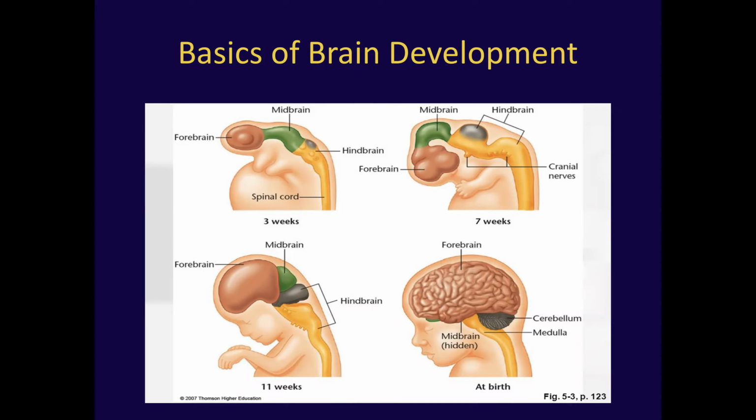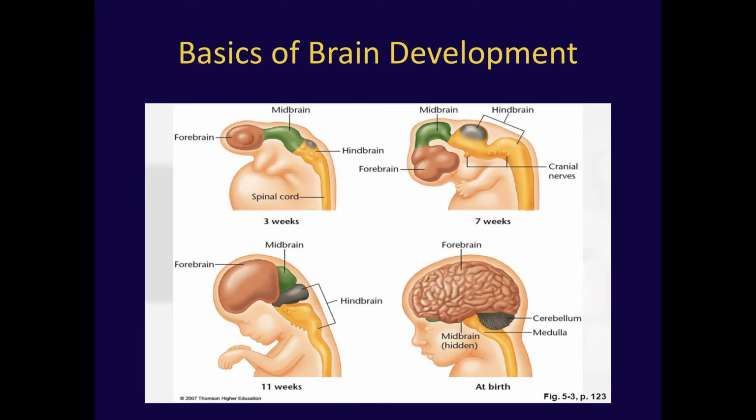This development really starts around 16 days. That's where the foundation of the brain and the spinal cord starts. So that foundation is set in place, and then there's a cascade of events that eventually will change to the brain that we are used to seeing, like in the bottom right-hand corner.